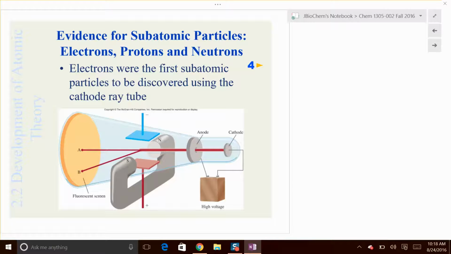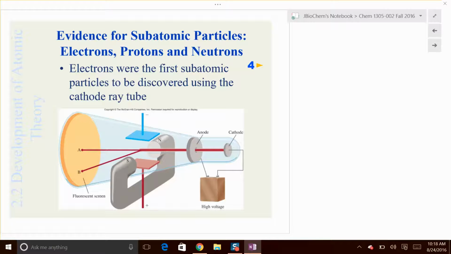And so he developed this ray tube where he can shoot these electrical atomic particles through by creating a ray. Here you have the cathode, the anode. He's creating this ray from the cathode to the anode from a high voltage charge across this.